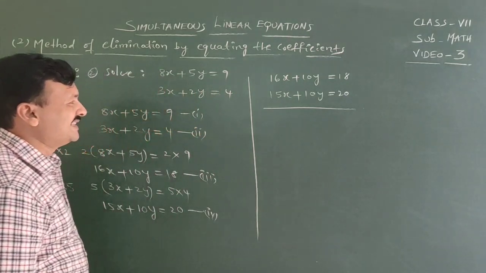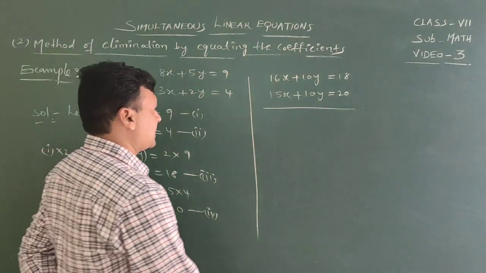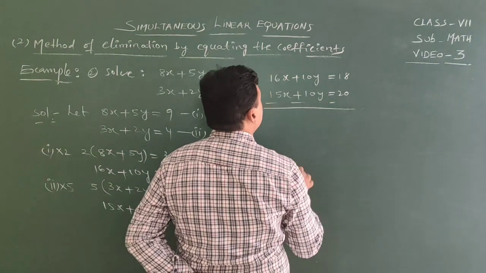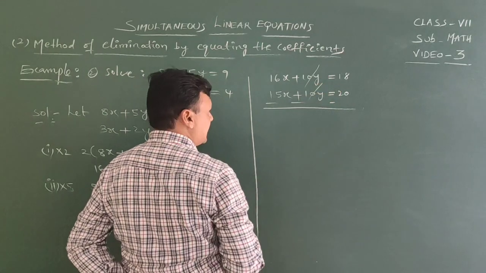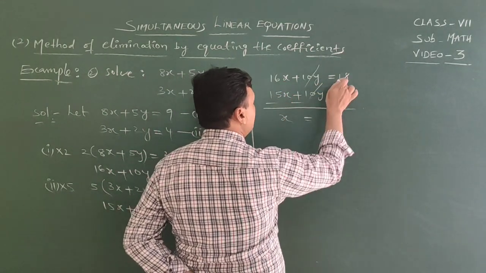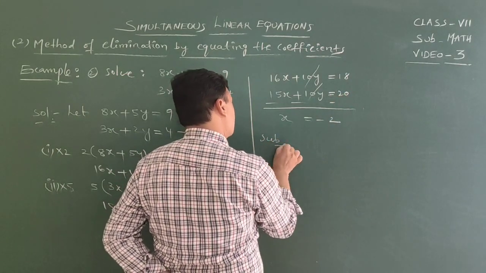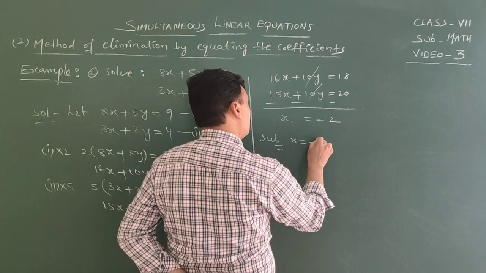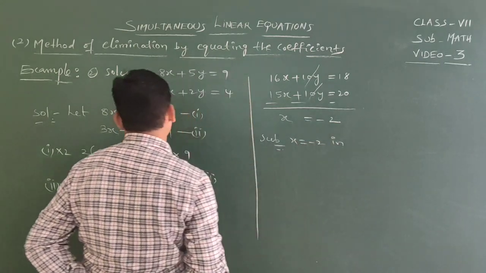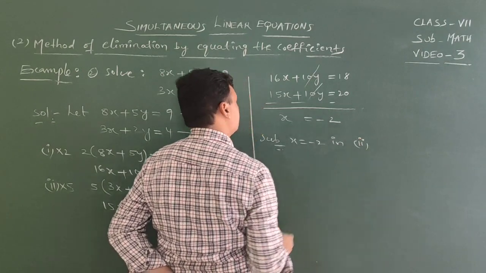Now we got the same coefficient of y with same sign. That's why again we need to subtract. Here 10y and 10y will cancel. 16x minus 15x equal to x. 18 minus 20 equal to minus 2. Now substitute x equal to minus 2 in any one of the equations. Substitute in 2.